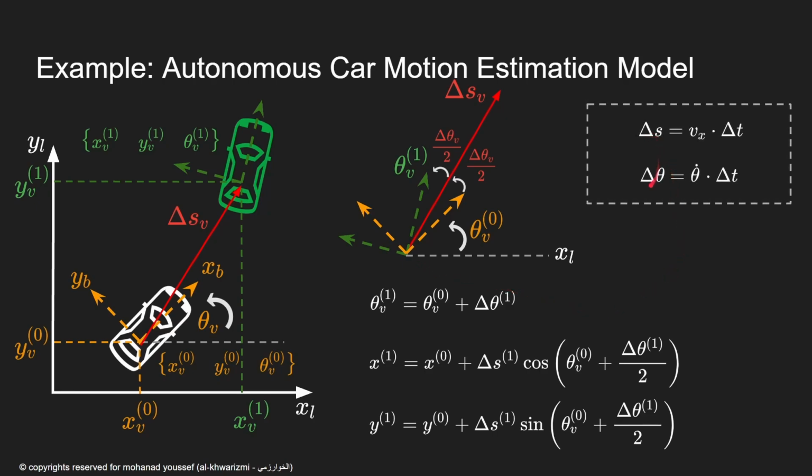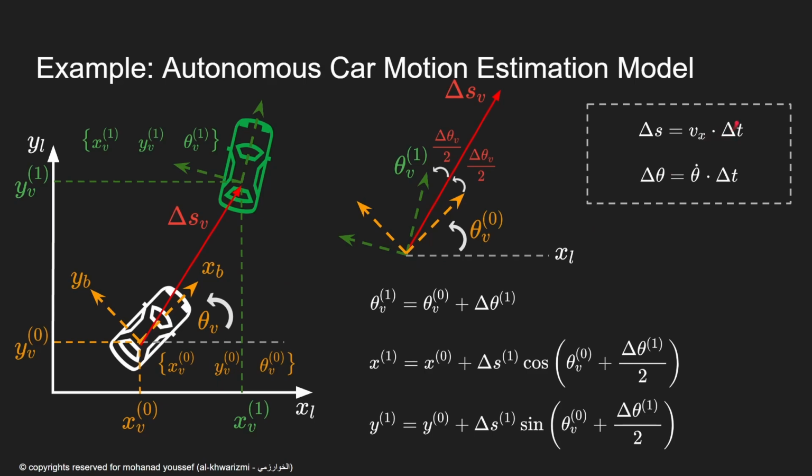And the delta S and delta theta can be calculated from the velocity and the heading rate. Vx here is the velocity along the x-axis of the body coordinates, which we can also call the longitudinal velocity.